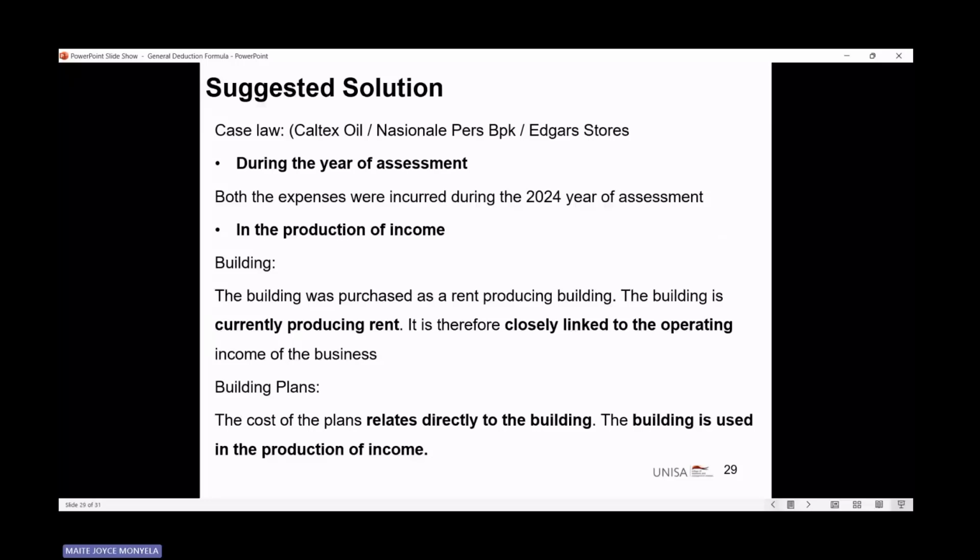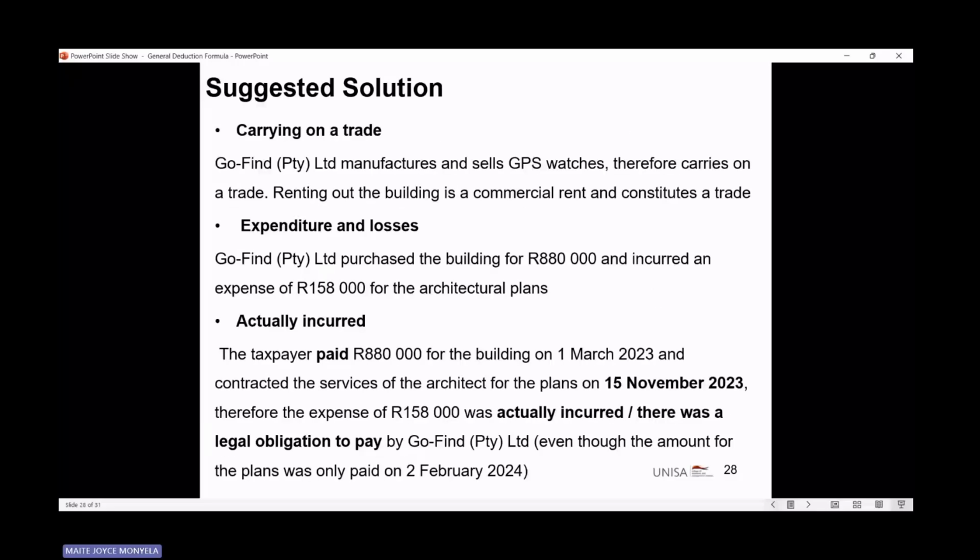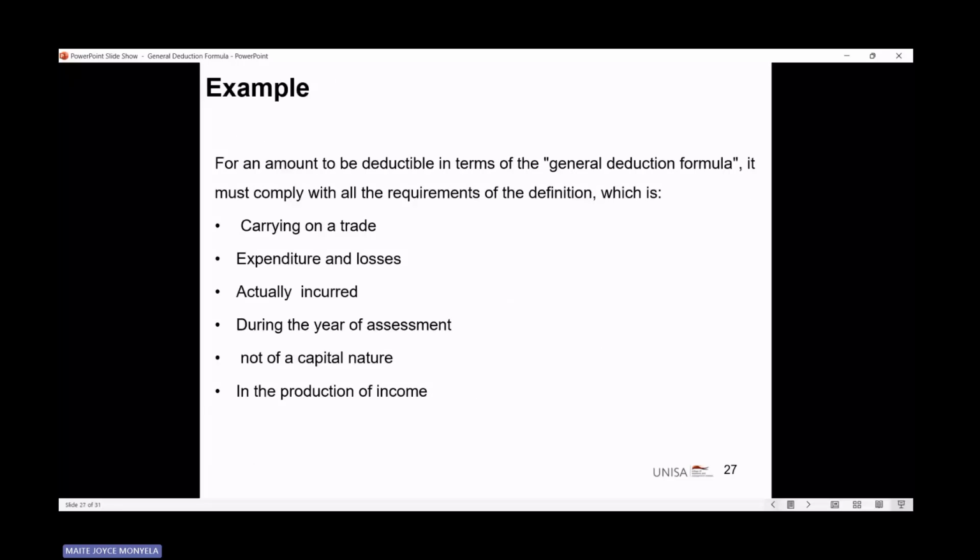You need to be able to apply it, refer to the cases, and also have the conclusion. You need to have the introduction, which is the definition of the general deduction formula: carrying on a trade, expenditure and losses actually incurred during the year of assessment in production of income, not of capital nature. Then you must apply this requirement.